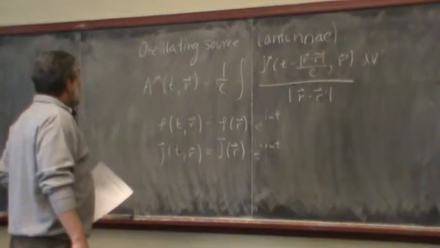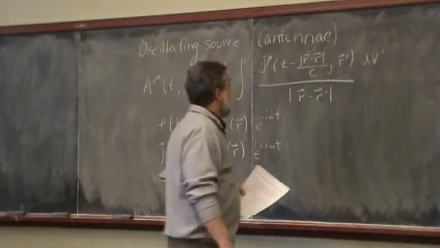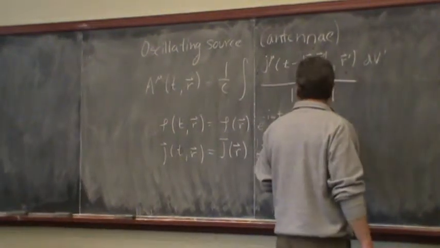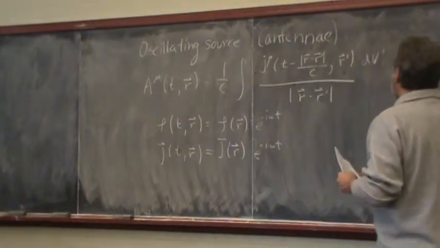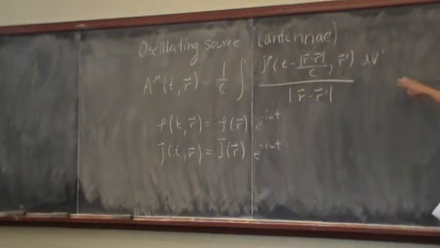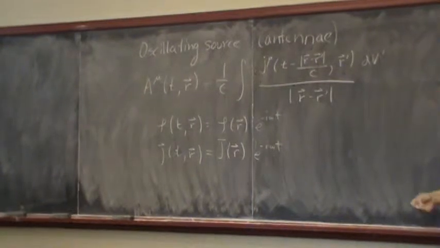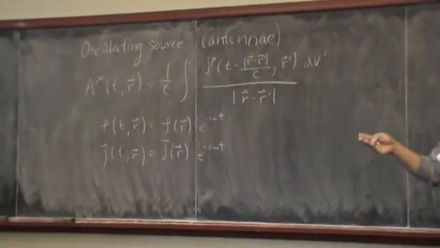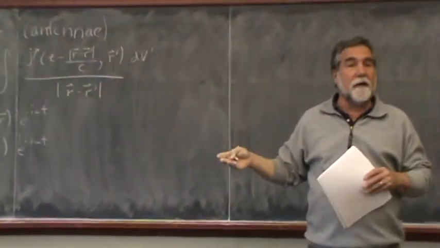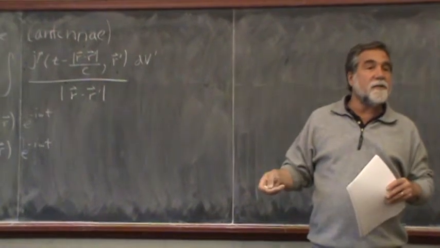I've already written this. This solution was the solution that we stated last time around with the assumption of the Lorentz gauge. We can find different forms for the vector potential depending upon the assumptions of gauge that we make.